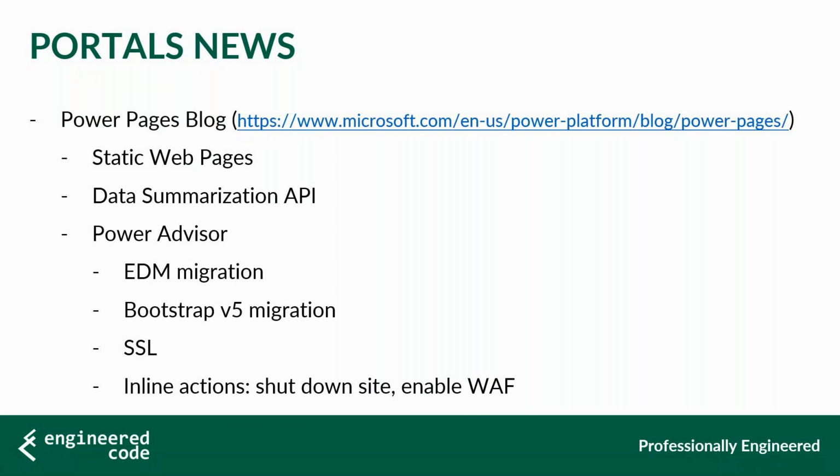The Power Advisor is also going to let you know if your SSL, I think, is within 90 days of expiring. They've also added some inline actions to the Power Advisor, so right there you can shut down the site or enable the web application firewall. So, some enhancements to the Power Advisor functionality, and that's what's been released here.